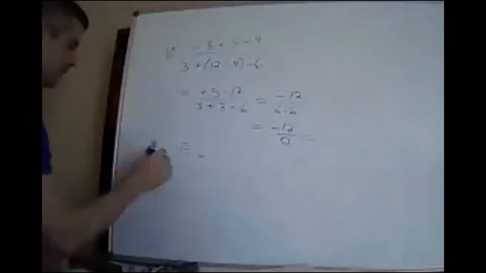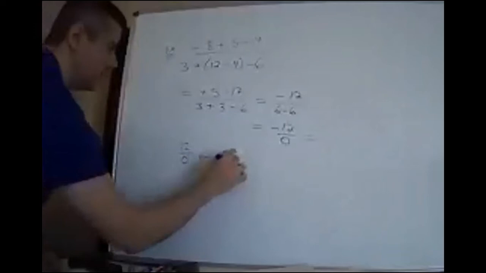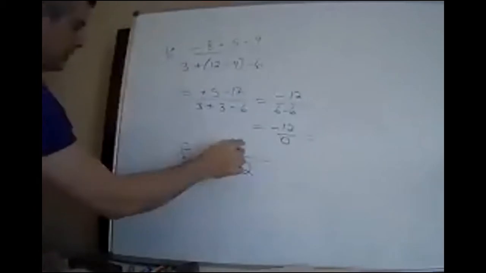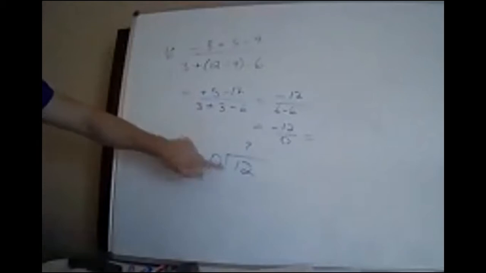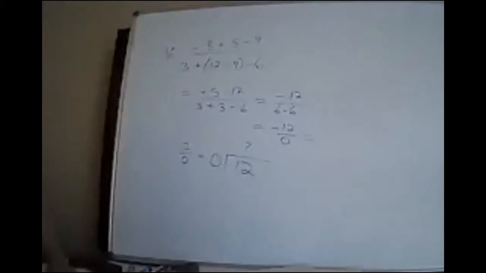Now the question I have for you is, what if I put a 0 here? See, the 12 goes in the house, right? But then 0 goes there. So you need something times 0 to make 12. Let's see, 12 times 0. Is 12 times 0 12? No. Is 0 times 0 12?